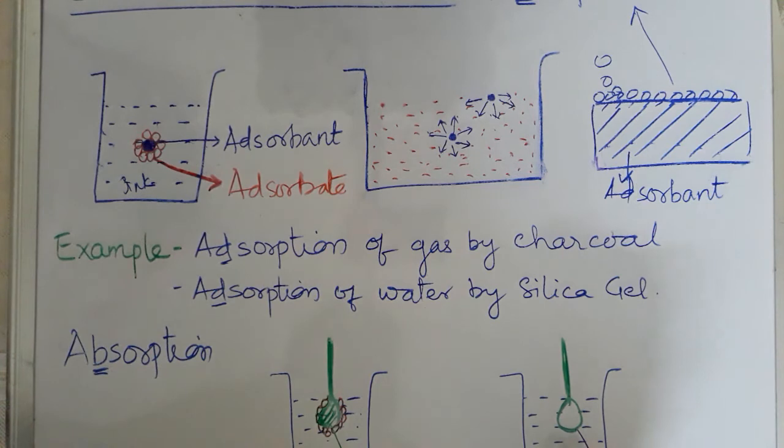But in the second case, where anhydrous calcium chloride is put in water, anhydrous calcium chloride absorbs water. It means the water molecules are uniformly distributed within the space of anhydrous calcium chloride. Thus we say that adsorption is a surface phenomenon, whereas absorption is a bulk phenomenon.